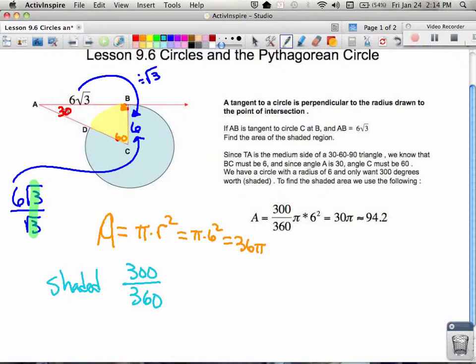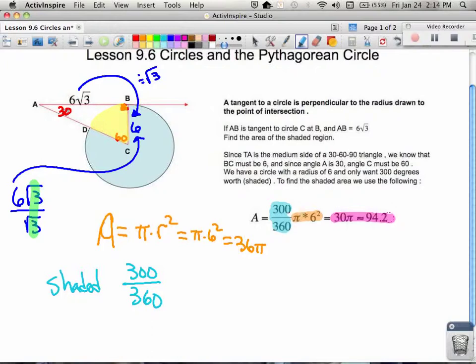So I take that proportion, or that ratio, and I multiply it by the area in order to find out what the shaded region was. So I see in the light blue that this proportion gets multiplied in the orange by the area of the circle to yield the light blue shaded area, which you could write down as 30 pi or 94.2. Either one would be acceptable.